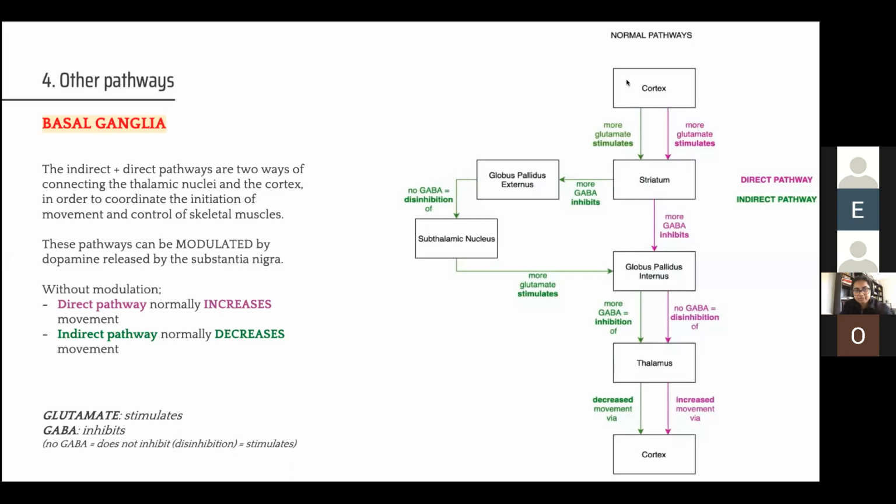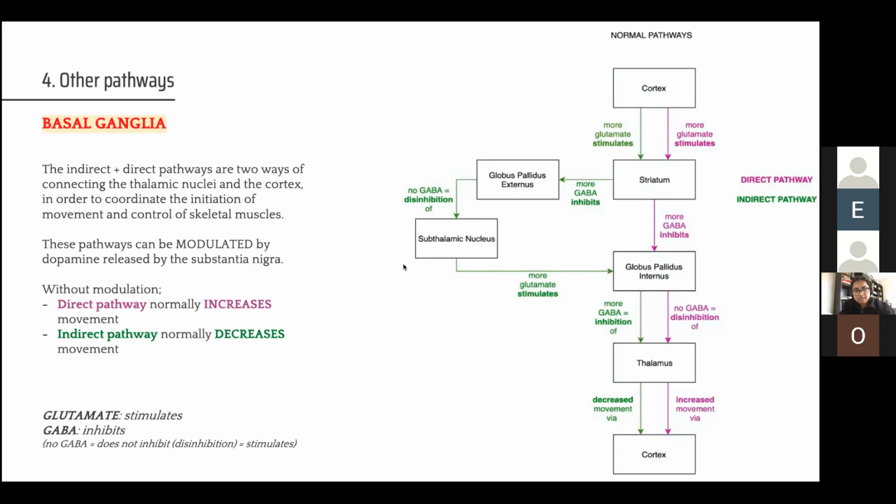Instead, if we follow the indirect pathway, same thing, the cortex produces glutamate, which stimulates the striatum, and the striatum, as usual, produces more GABA, and that more GABA inhibits the globus pallidus externus. The globus pallidus externus produces GABA, but it's been inhibited, so it's not going to produce GABA, which is going to cause inhibition of the subthalamic nucleus.